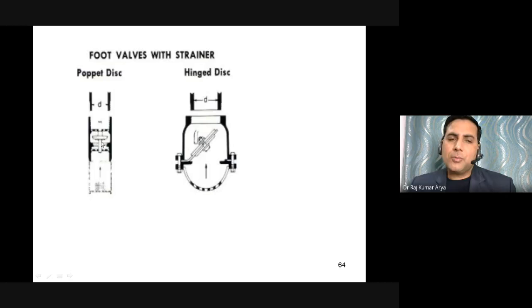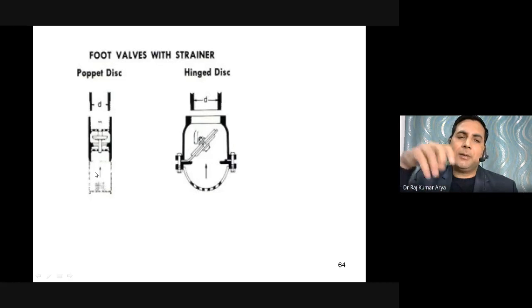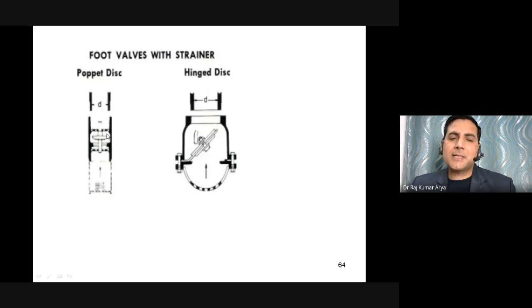This is most commonly used in earlier types of bore wells, just to have a foot valve here. This is put in the pipelines where we want to suck water from very deep water tables, let's say 100 feet down or 500 feet down. So this one is the disc type.